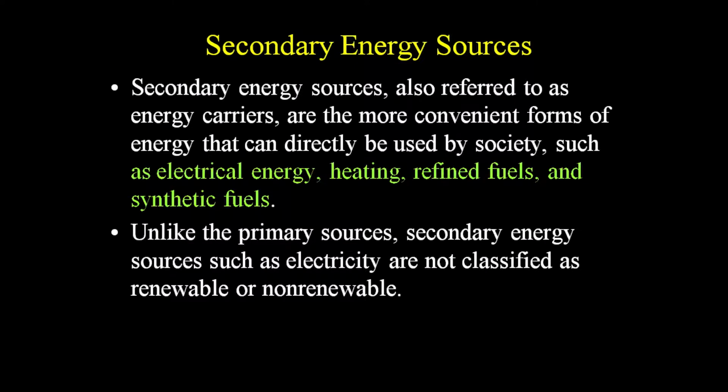Secondary energy sources, also referred to as energy carriers, are the more convenient forms of energy that can directly be used by society, such as electrical energy, heating, refined fuels, and synthetic fuels. Unlike the primary sources, secondary energy sources, such as electricity, are not classified as renewable or non-renewable.